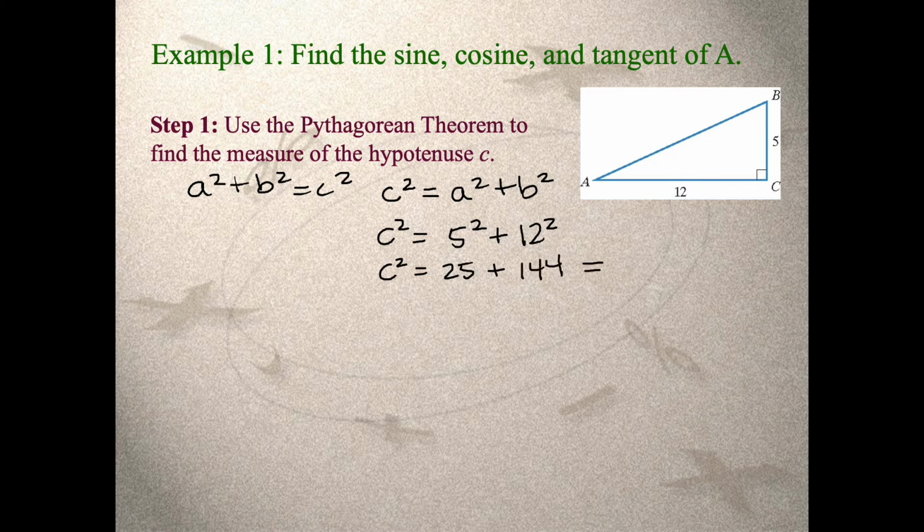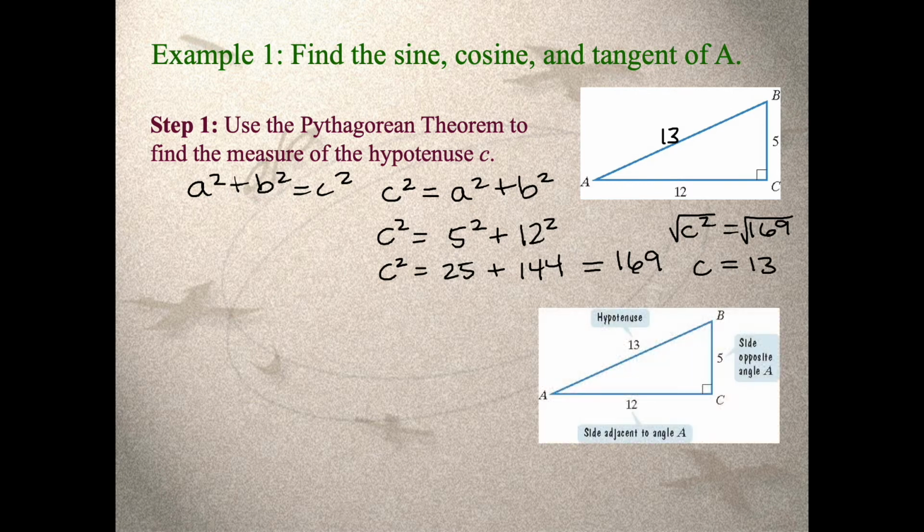Add those values together, and that equals 169. But remember, this is what c squared is equal to. So we need one more step and do the opposite of squaring, which is the square root. And so the square root of 169 is 13. So now we know that missing side is 13. Now we can create the appropriate trigonometric ratio.